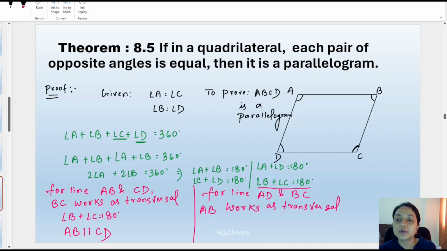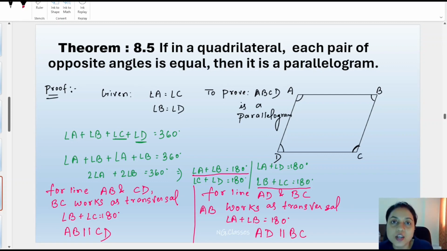And we also know that angle A plus angle B is equal to 180 degrees. So let's copy paste it. Now from here we can say that AD must be parallel to BC, since the sum of interior angles on the same side of the transversal is equal to 180 degrees.